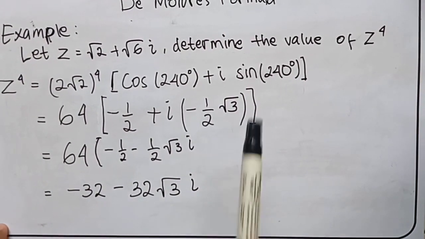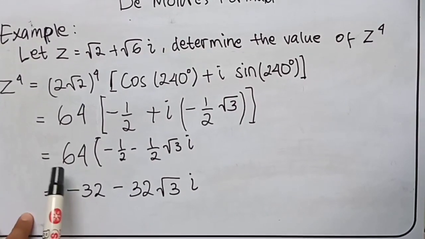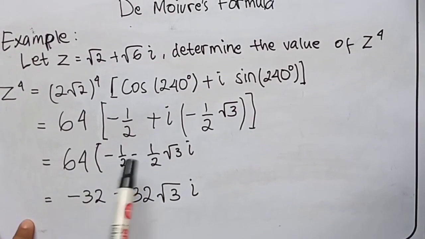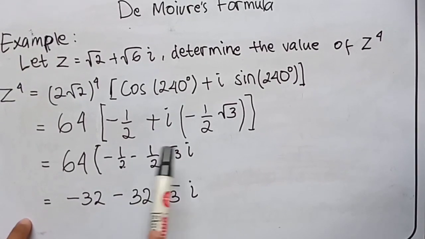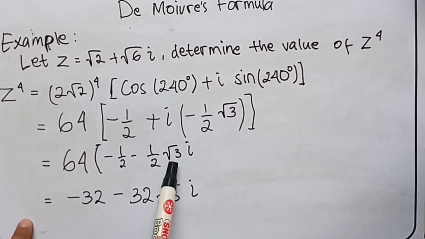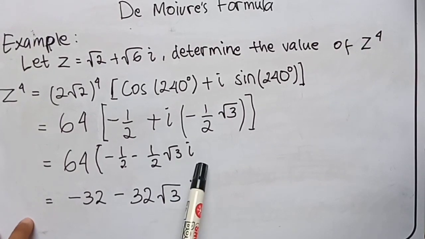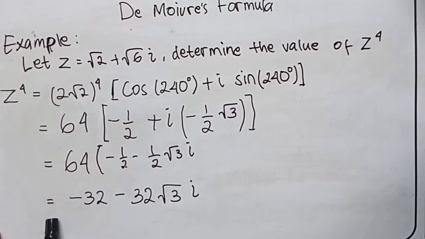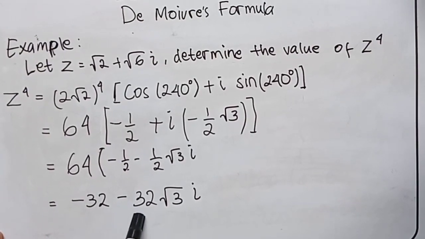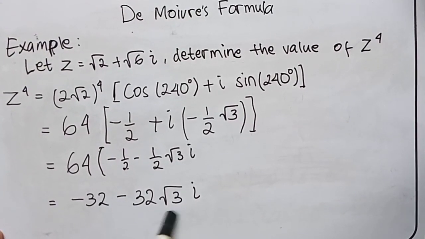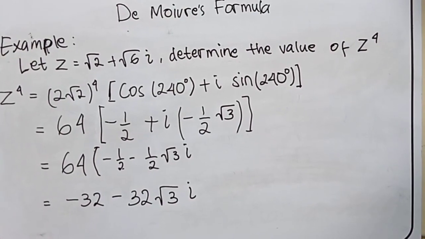So to find z to the power 4, here we use De Moivre's formula: 2 square root of 2 to the power 4 times cosine 240 degrees plus i sine 240. Here we have 64 times negative a half minus a half square root of 3 i, and that equals negative 32 minus 32 square root of 3 i.